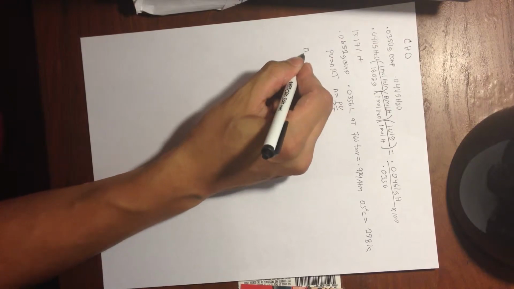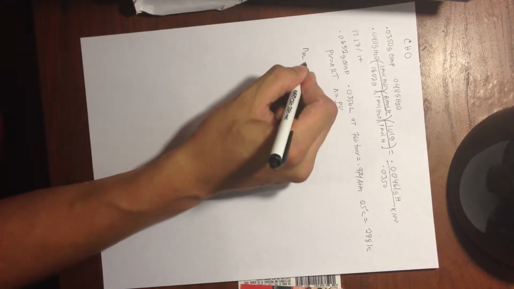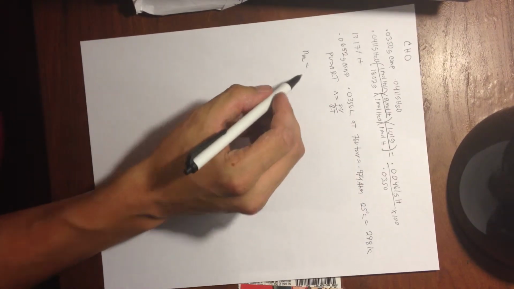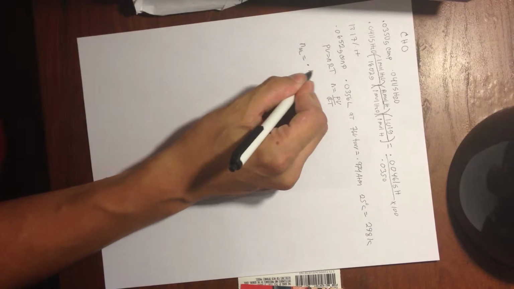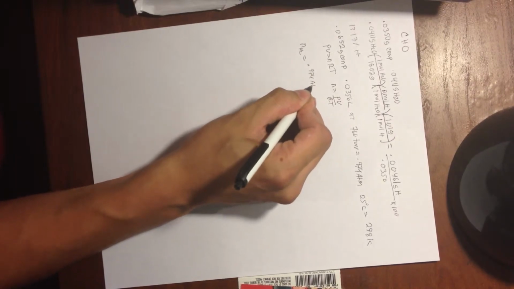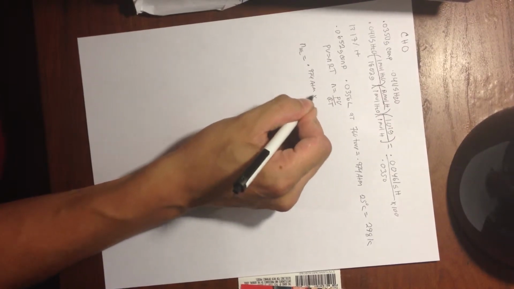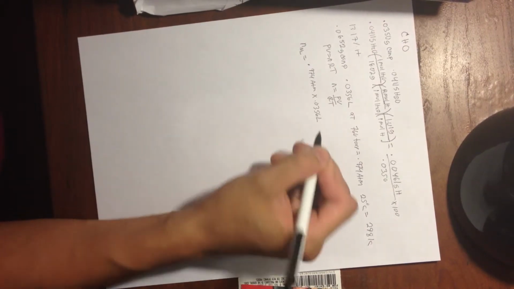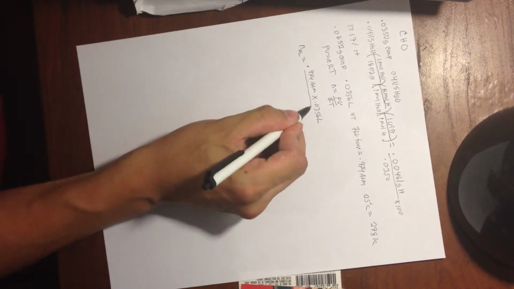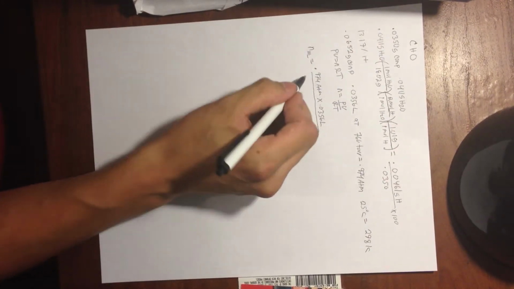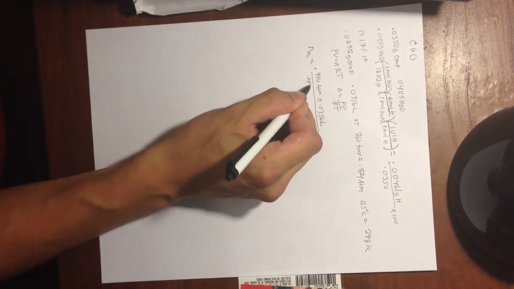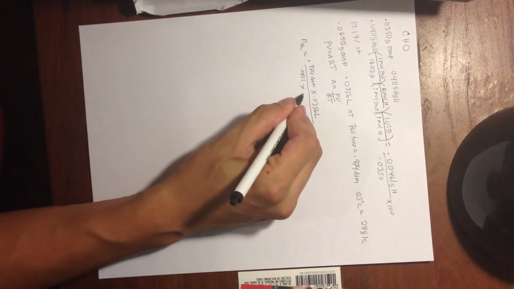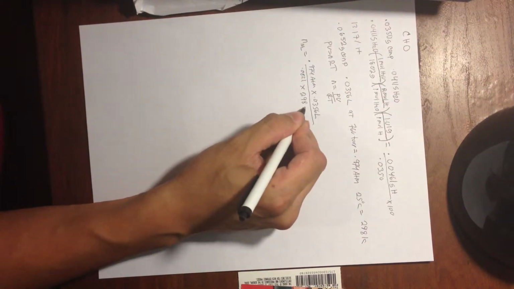So we have n of N2, the moles of nitrogen, is going to be equal to the pressure, which is 0.974 atm, times the volume, which is 0.0356 liters, and then we're going to divide that by R, which is 0.0821, and multiply that by the temperature, which is 298 Kelvin.